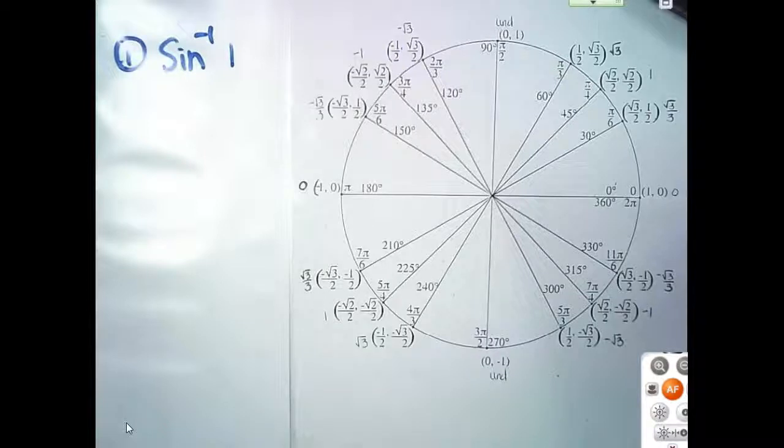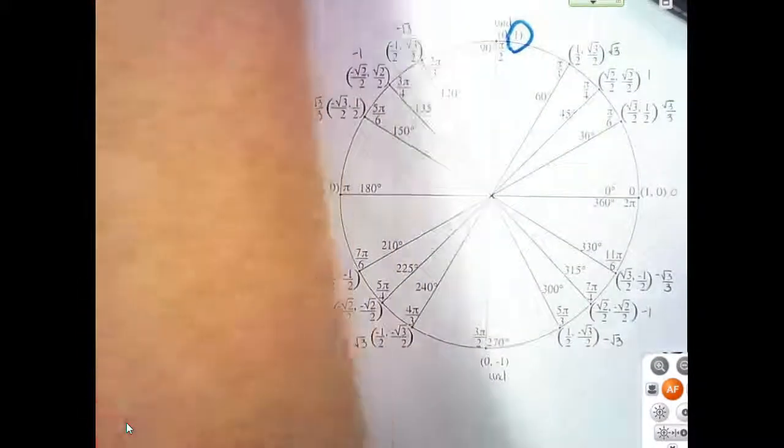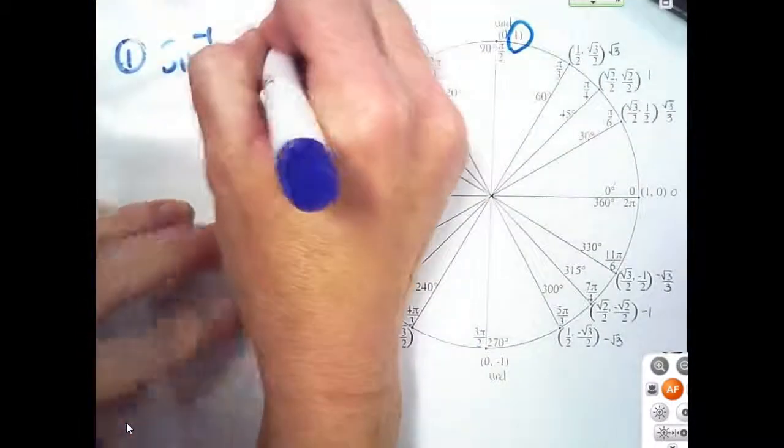Where is y 1? Way up here at the top. So you're in this spot. I gave you an outside value, so you're going to give me the radian. What's the radian there? Pi over 2. The answer was pi over 2.